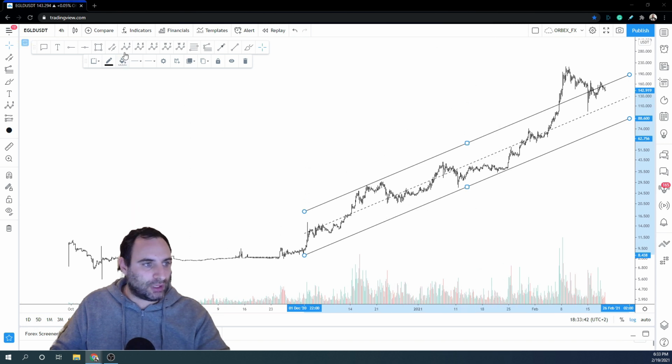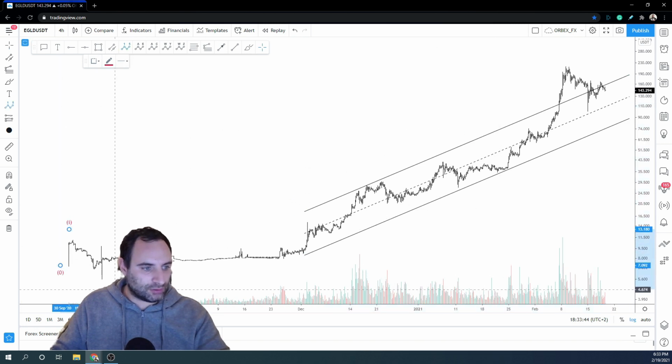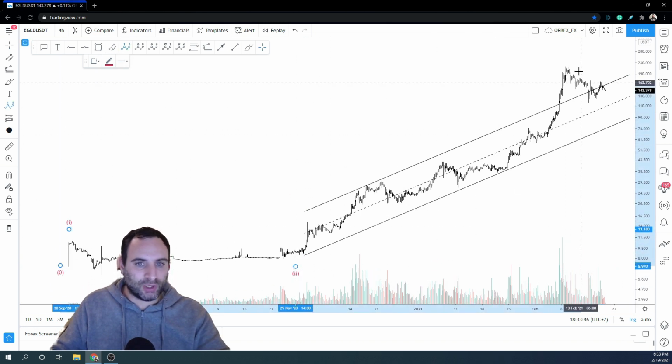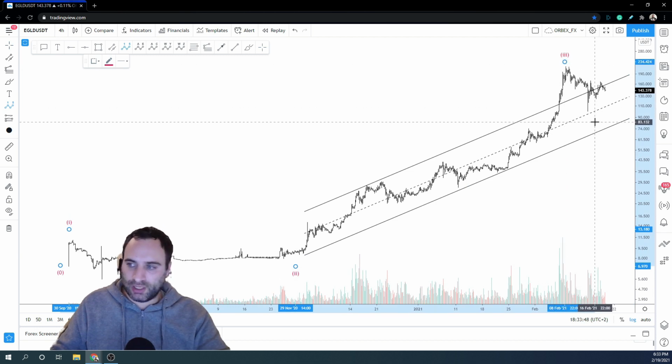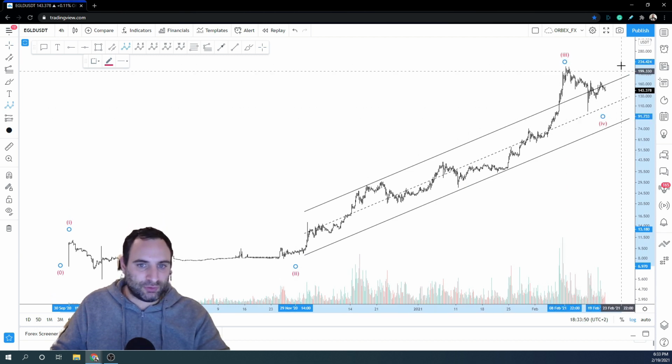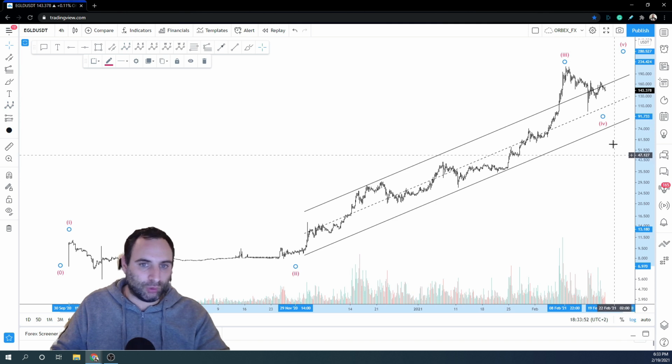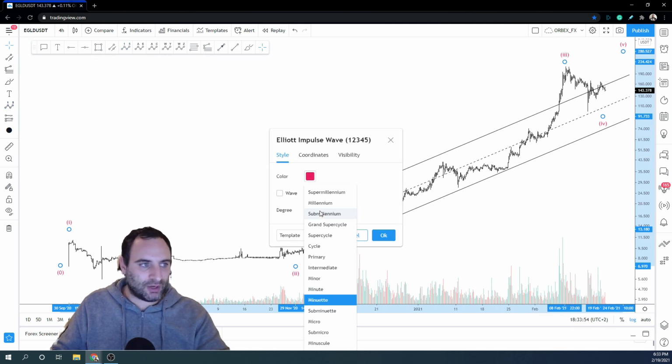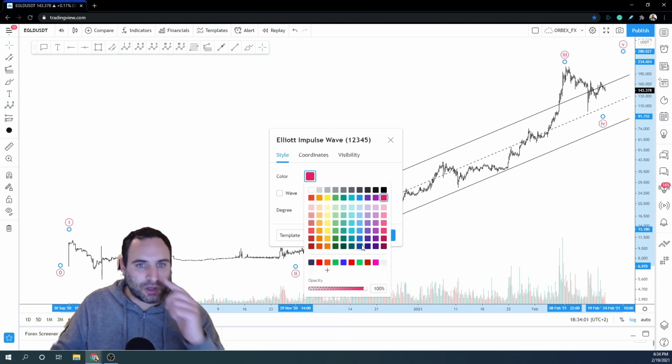As you probably have noticed, we've got a 1 and 2 here, which means this is wave 3. This is either an ended 4 or an ending 4, and we're going to get a 5. Since we're on the 4-hour charts, I think minute would fit fine.